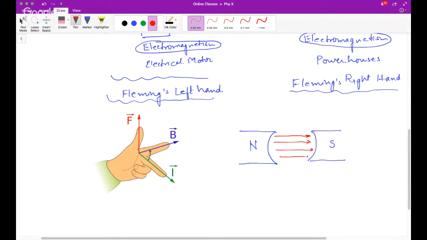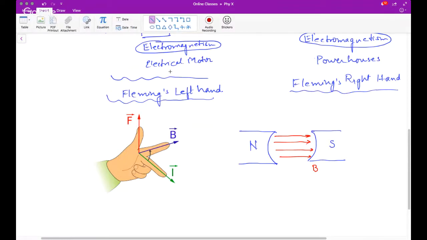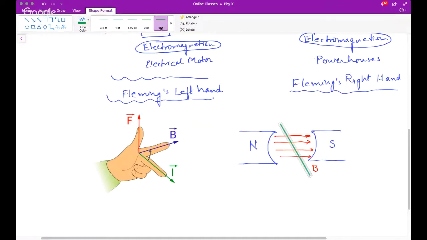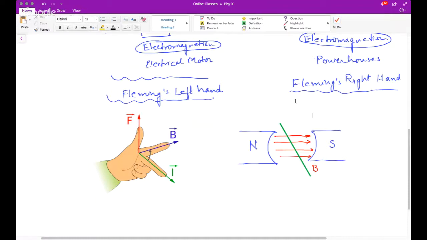This is my magnetic field B. Now suppose we are putting a conductor, or let me put a conductor like that. This is a conductor present in the magnetic field.